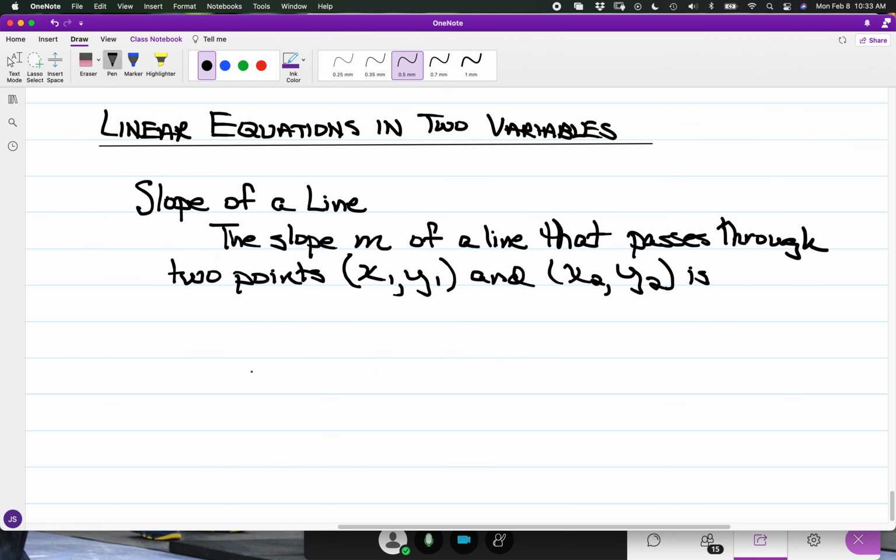And we'll have that m is equal to y02 minus y01, all over x02 minus x01. So you're looking at vertical change with respect to horizontal change.